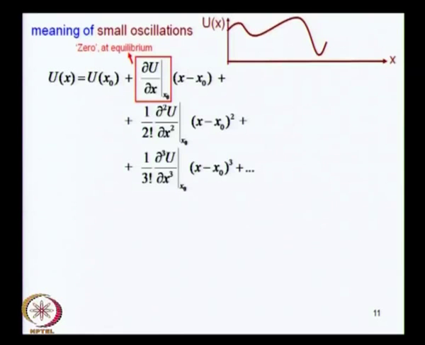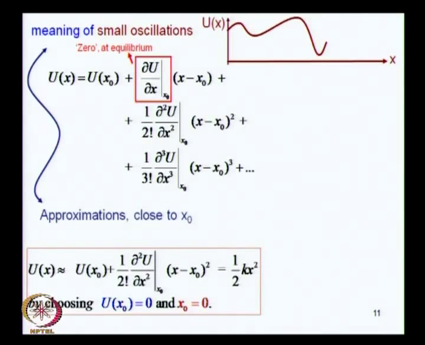So if you go sufficiently close to x0, then you can always throw off these higher order terms, and this is essentially an approximation, this is not exact. If you ignore these higher order terms, then close enough to the equilibrium point you have got the first term, this term strikes itself off because del u by del x is 0, and then you have got this quadratic term.